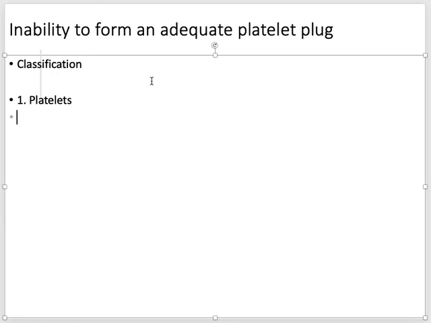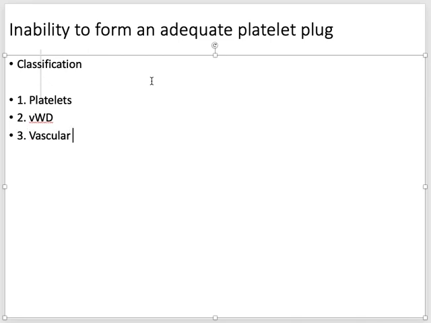Number two, there can be von Willebrand disease, in which von Willebrand factor is not present. Number three, the reason can be vascular problems.